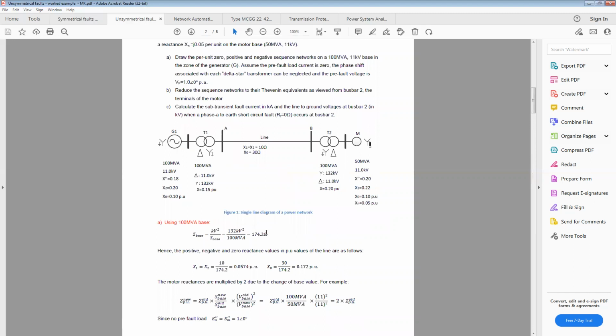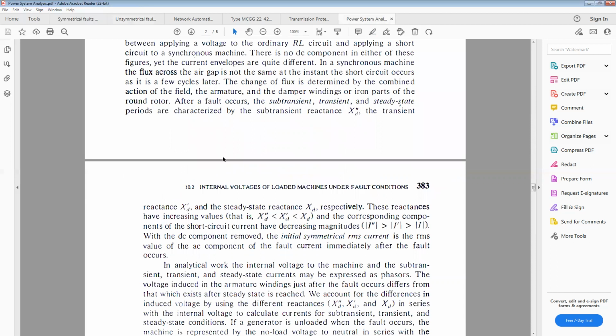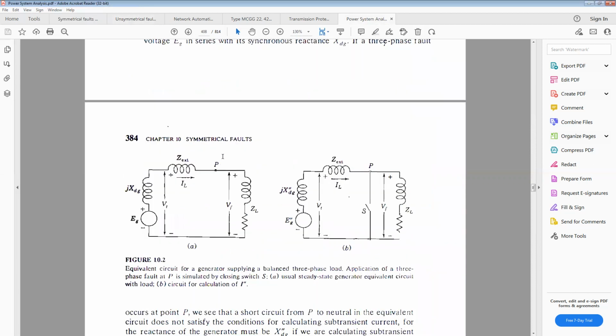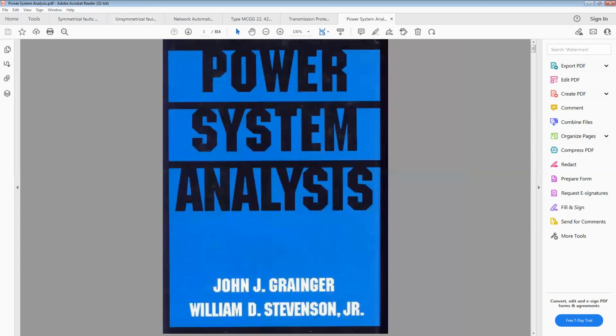If for example we wanted to do some further studies for phase to phase, or phase to ground faults and so on, we can just go to chapter 11 of this book, the power system book. Okay, thank you very much.